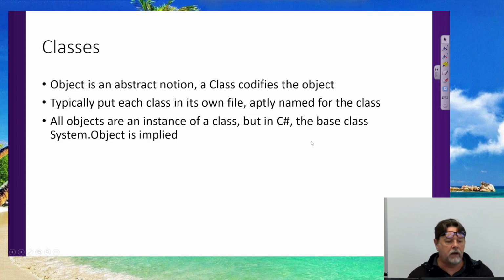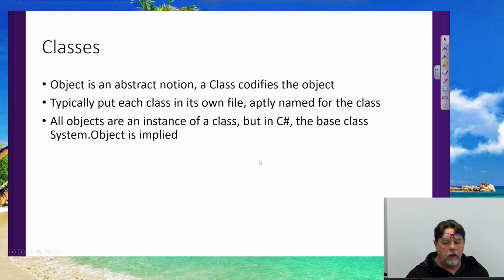So when we talk about a class, we talk about objects in the abstract. If I talk about a dog object or a cat object, or an animal being more abstract than cat and dog, those are just abstract concepts. And in C# and other object-oriented languages, a class is how we codify that concept into something real in our source code.